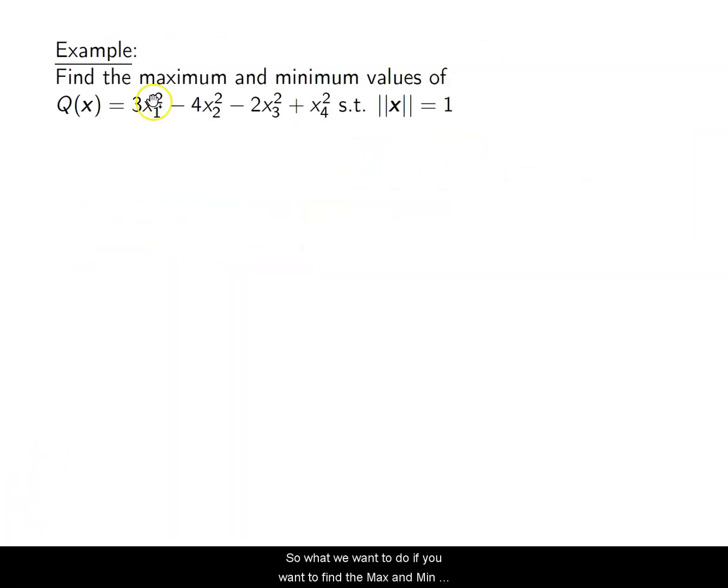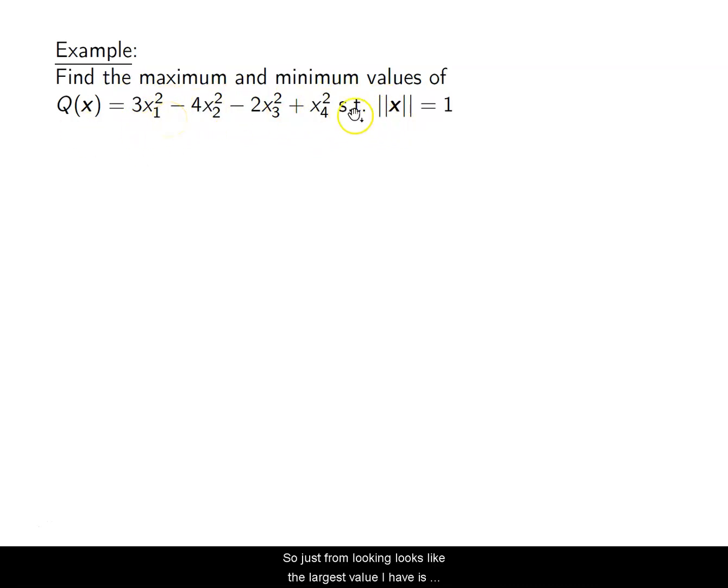Okay. So what we want to do is find the maximum value of this quadratic form such that my input vector has a length of 1, right? So really, again, all we're doing is looking at the maximum and minimum coefficients that we have, since we have no cross product terms.